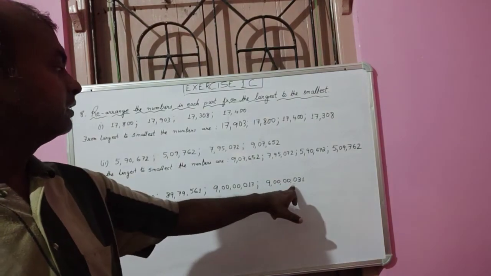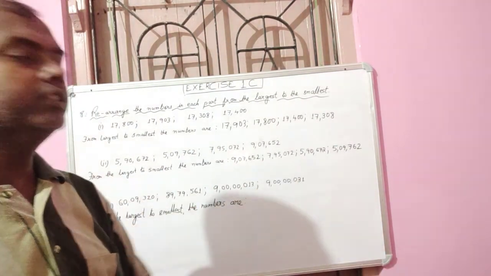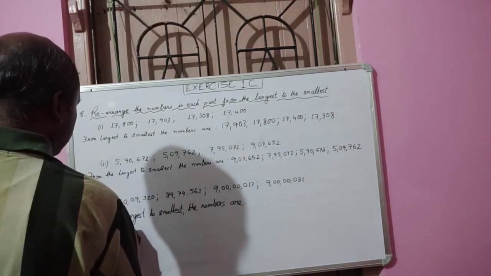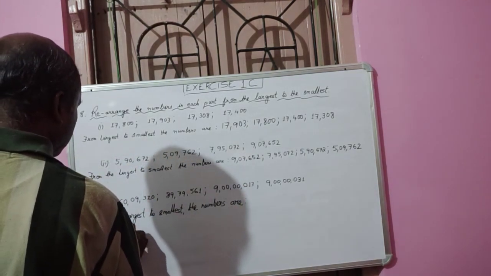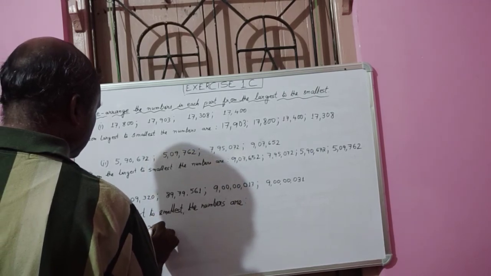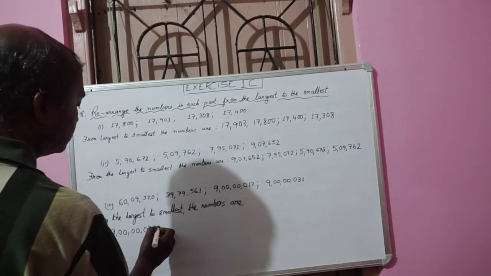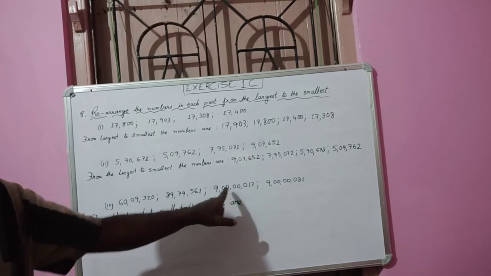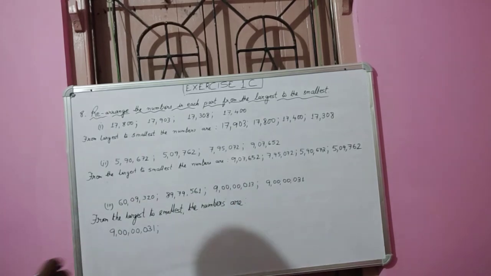So 9 crore 31 is the greatest number. Let us write that first, because this is the biggest among all the four numbers. Then the next number will be this 9 crore 13.